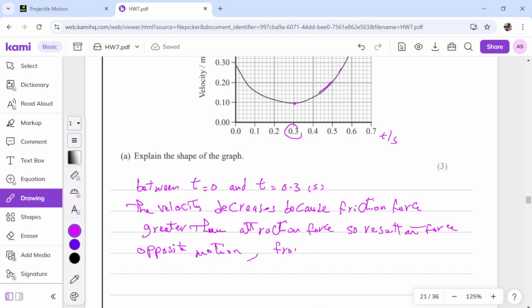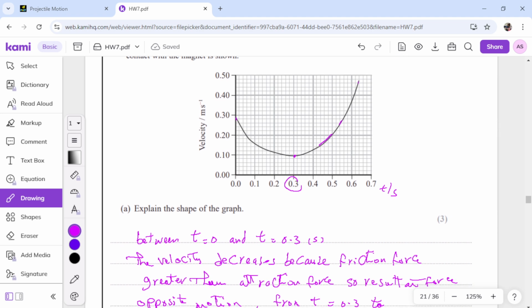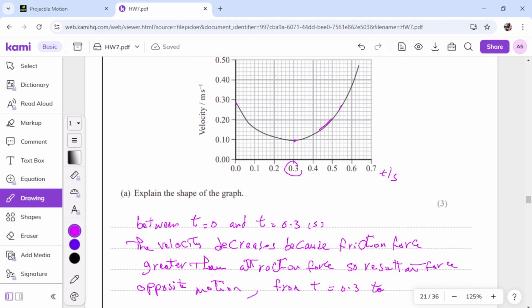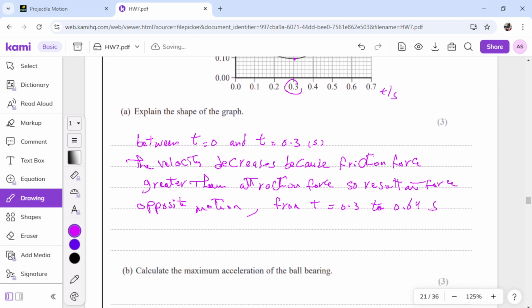Okay, now what about the second part? From time equals 0.3 to, what is the last time? We are talking about 0.64, so until 0.64 second. What happened now? The speed increases.